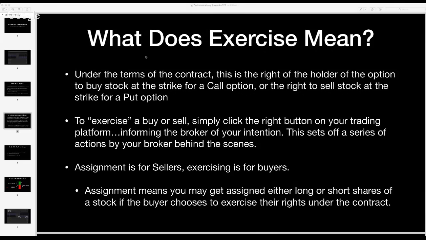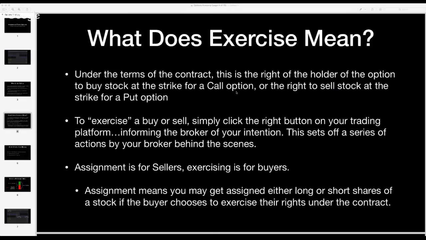So what does it mean to exercise the stock? A lot of people have heard that term. Under the terms of the contract, this is the right of the holder of the option to buy the stock at the strike for a call option, or the right to sell a stock at the strike for a put option.